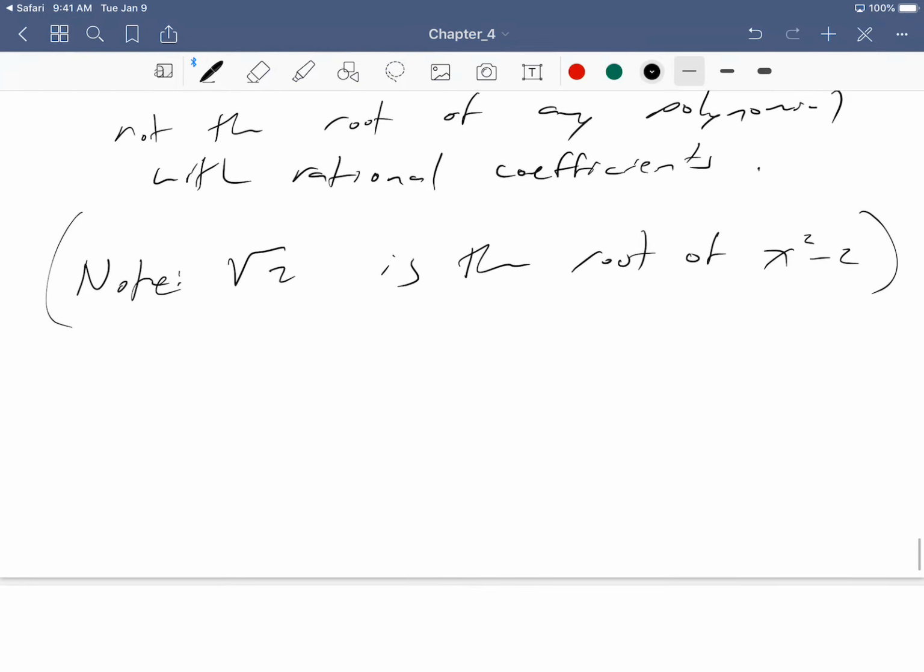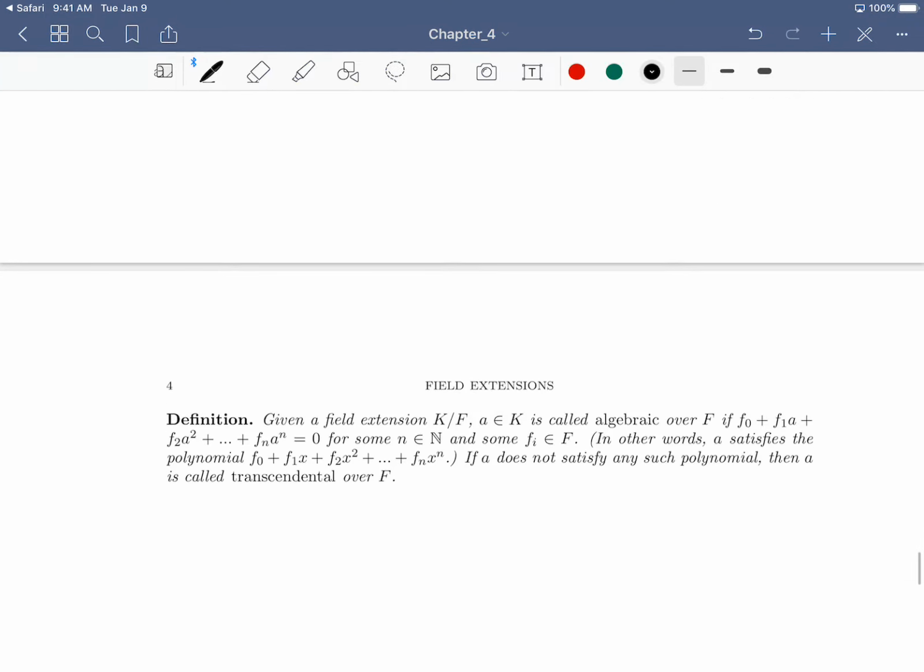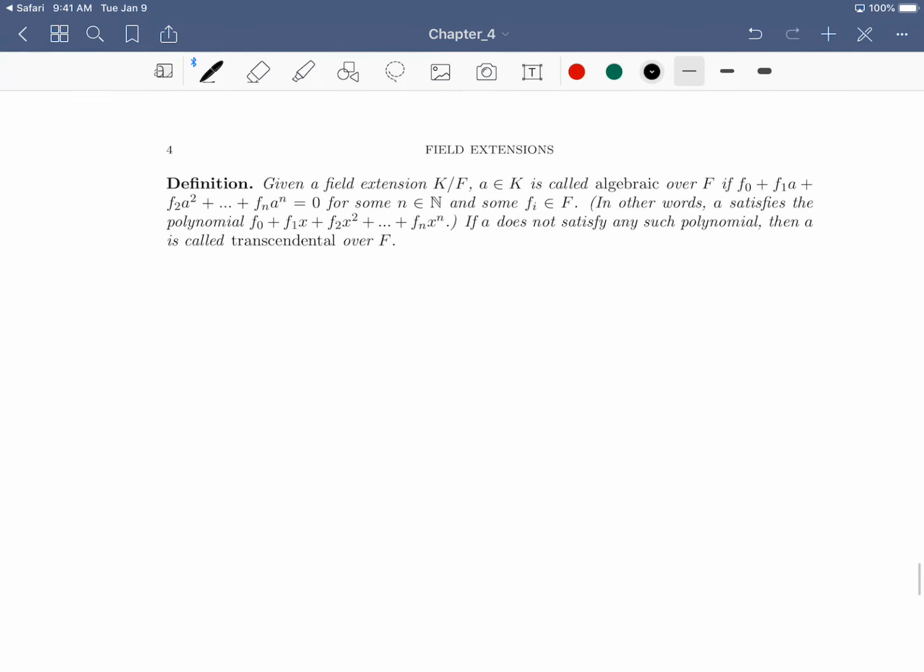All right, so let's see what our definition is here. If we have a field extension, so K and F are fields, F is the smaller field, K is bigger. Any element a in K is called algebraic over F if we have this expression f0 plus f1 a plus f2 a squared, dot dot dot, that we can make equal 0 for some natural number n and some coefficients in F, the smaller field.